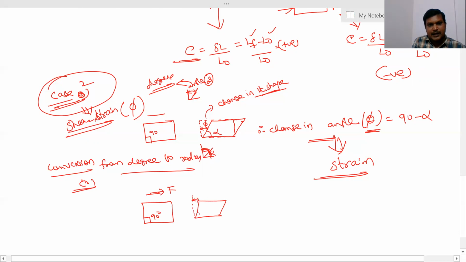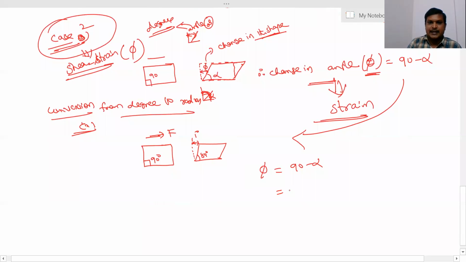So this is 89 degrees. The change in angle I call 1 degree. From the shear strain equation, phi is equal to the shear strain, which is 90 minus alpha. The alpha is 89 degrees, so 90 minus 89, the phi is equal to 1 degree.